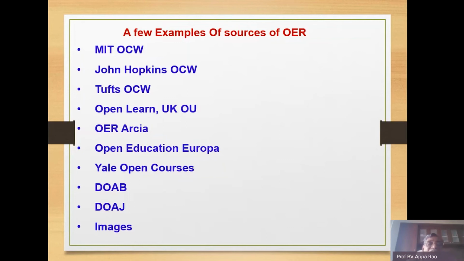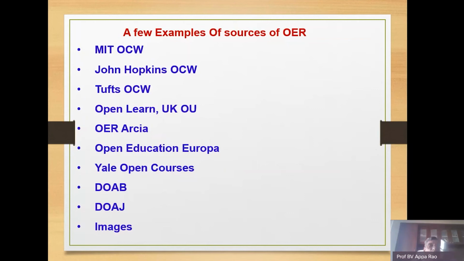Even Johns Hopkins also has its open courseware. You can make use of that also. Tufts OCW, OpenLearn UK OU, OER Asia, Open Education Europa, Yale Open Courses, DOAB, DOAJ, Images. These are some of the examples of sources of OER.